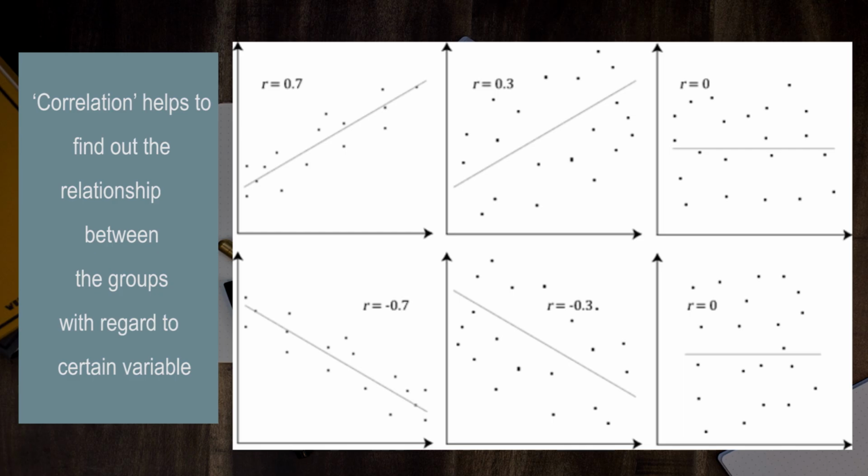Whether the correlation coefficient is positive or negative, we can find out by using different methods of correlation. It may be the Spearman method or Pearson method or product moment method or other types of correlation methods also.